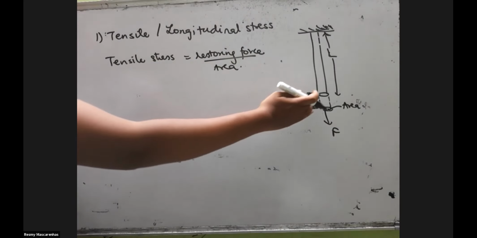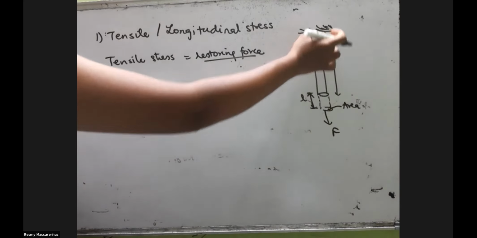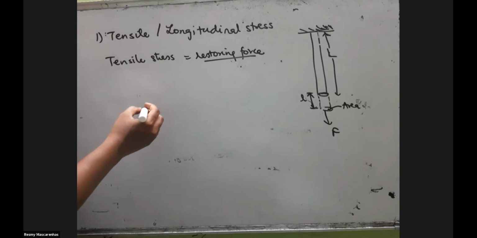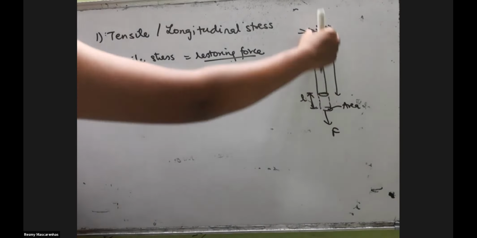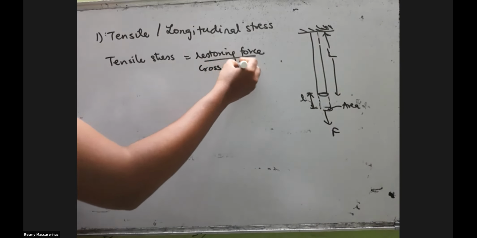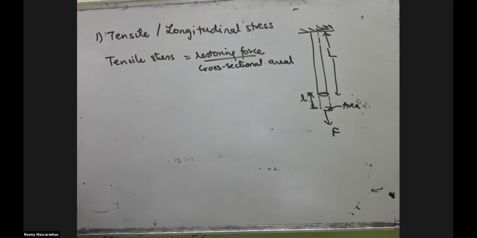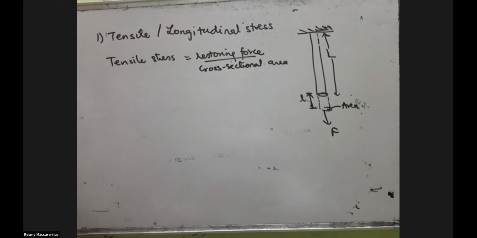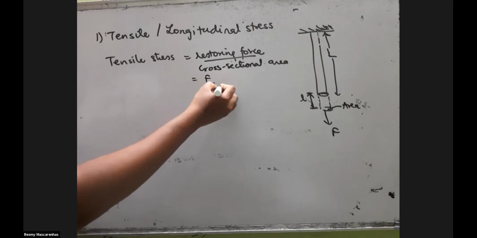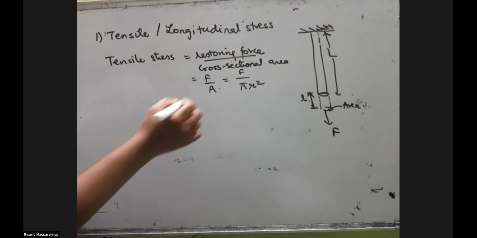So here it will be the cross-sectional area, not the whole volume, only the cross-sectional area of the circle, not the area of the rod's outer surface. Here it will be pi r square.